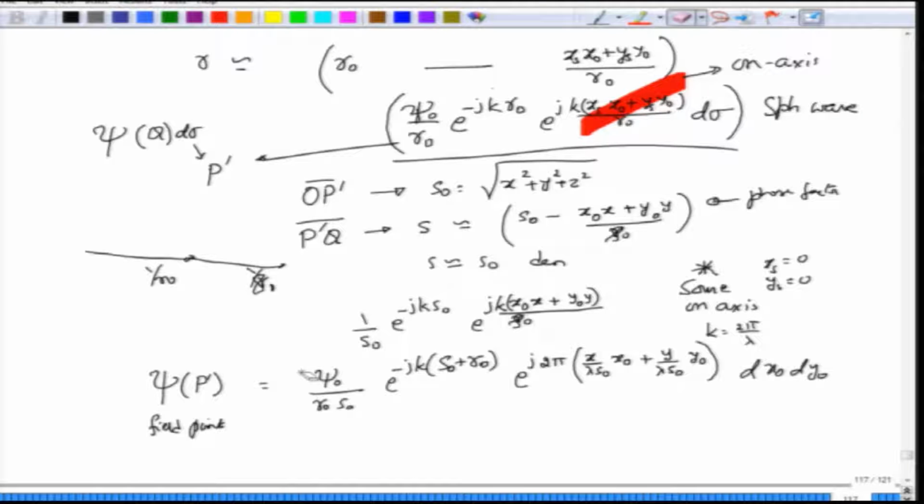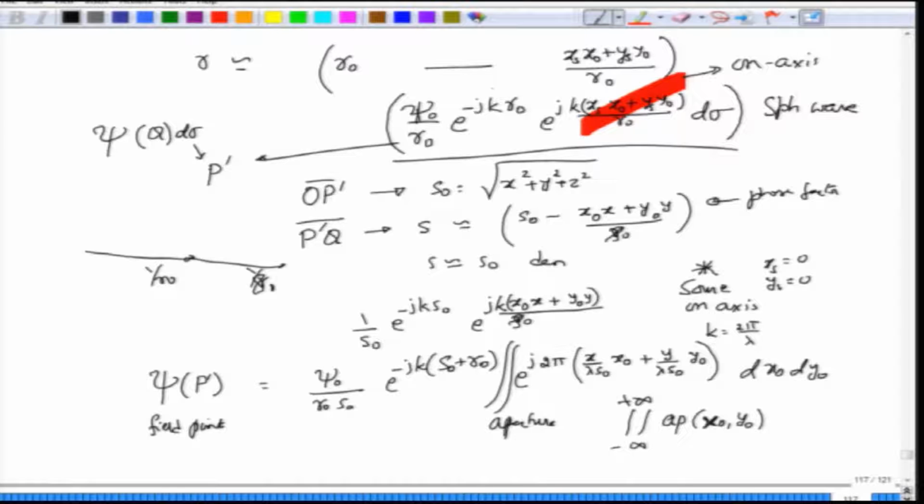So, you can move this outside the integrals and then integrate this factor over the aperture distribution. Whatever aperture shape that you have is being integrated. If you are not happy with this integration over the aperture, you can make the integration go from minus infinity to plus infinity, and then you call this the aperture function of x0 and y0, right. So, if you call this the aperture function of x0 y0, that would tell you how the aperture itself is distributed, and the integration could be minus infinity to plus infinity, which is also okay.